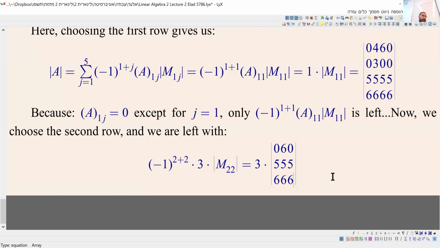And again, using our right or prerogative of choosing whatever row or column we want, of course, we're going to choose the first row.